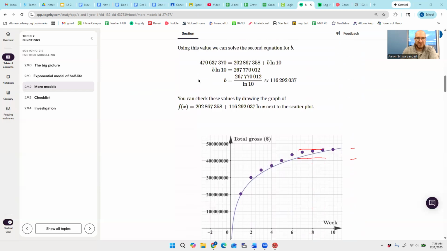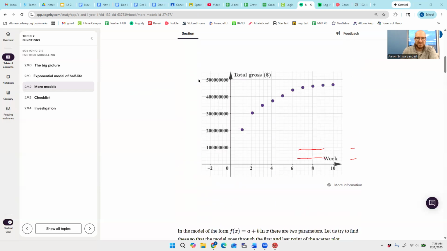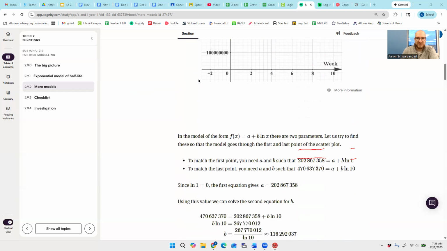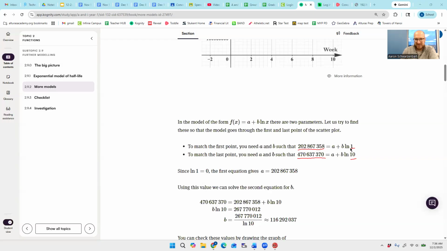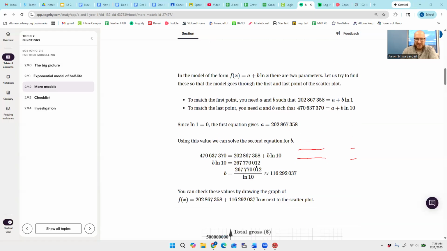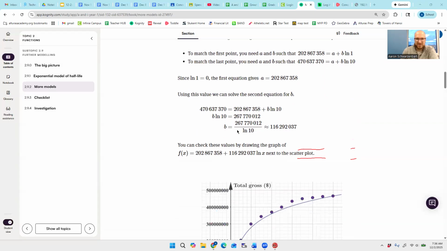And we can solve for a and b. It happens to be very easy that ln 1 is 0, so this just becomes a is 202,000. And then we can just solve for b, and we get this.